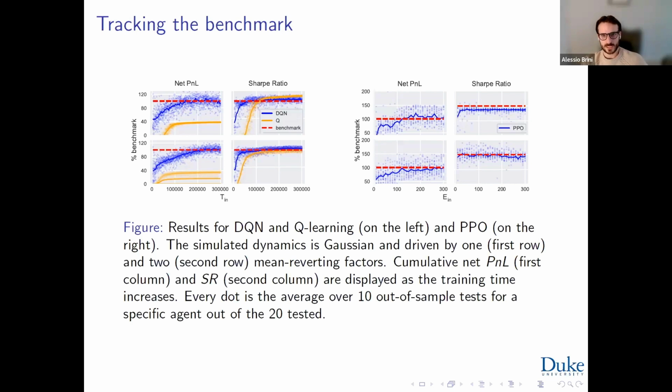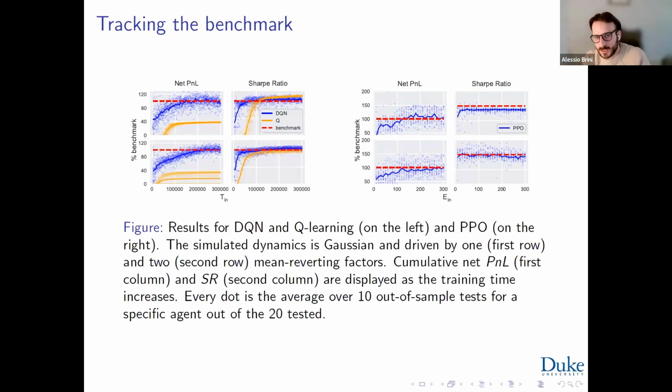Instead, you see that whenever you progress over the x-axis, so you're progressing with the training, the DQN, which is the blue line, keeps increasing its net P&L, which means it's learning. And as you see, you have a lot of dots, which are then averaged, because this is very common in reinforcement learning.